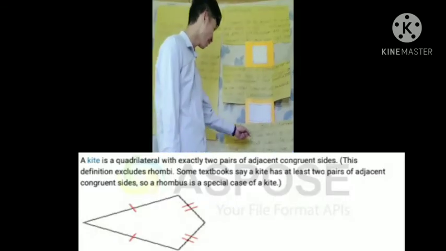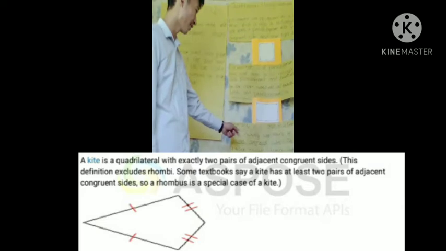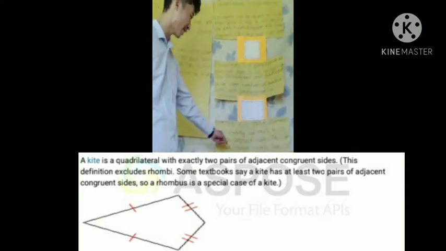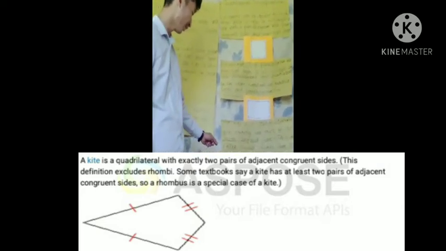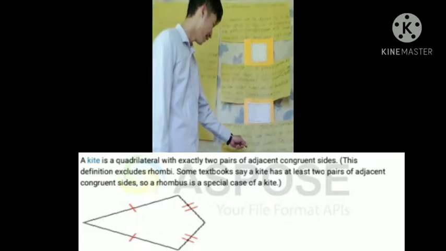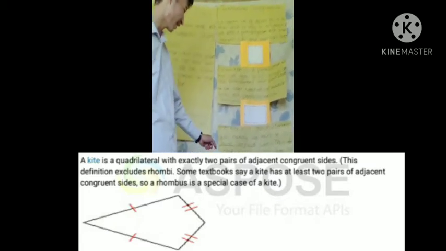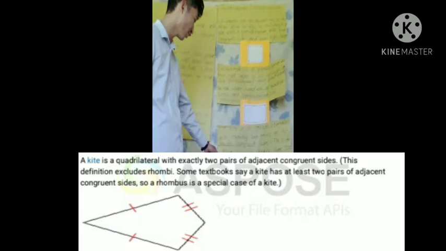Let's proceed to the classification of a kite. A kite is a quadrilateral with exactly two pairs of adjacent congruent sides. This definition excludes rhombi, though some textbooks say at least two pairs of adjacent congruent sides.